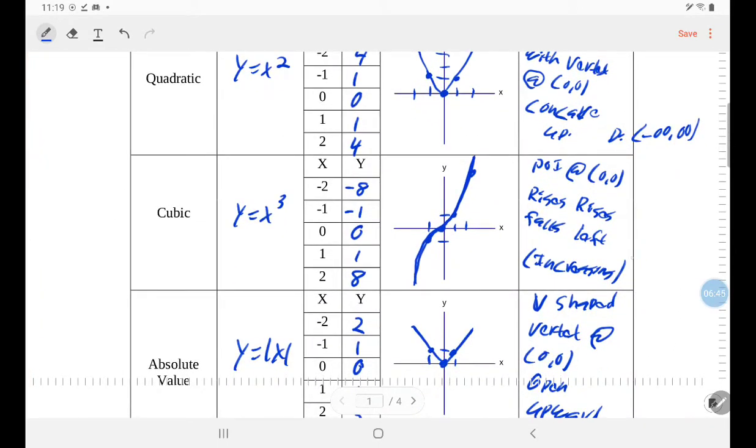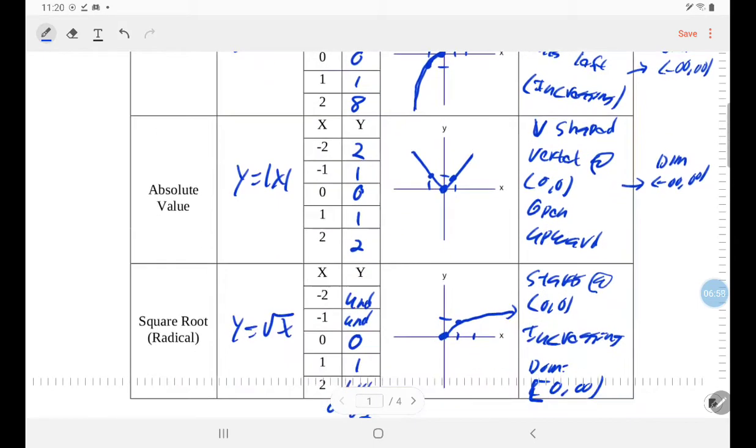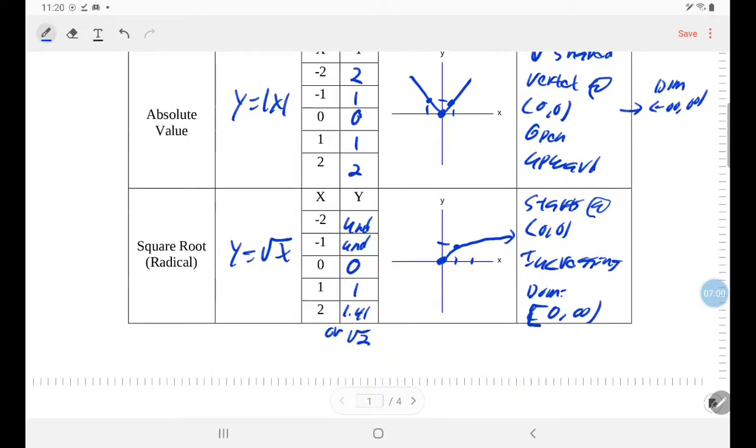The cubic, same thing. Same with the absolute value function. The only one that doesn't is our friend there, the square root function, and basically because hopefully you learned that you cannot take the square root of a negative number.